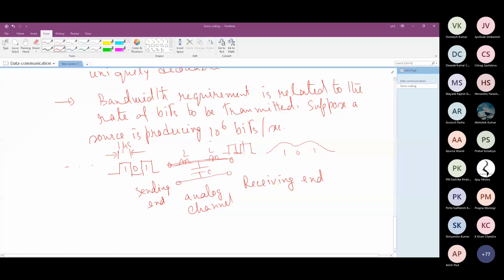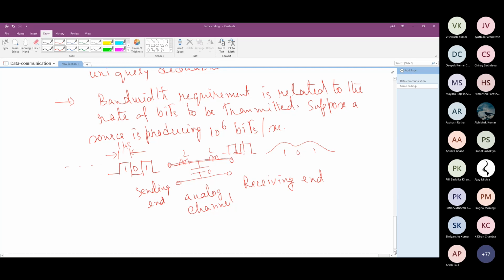That is generally given by the successful transmission of certain bits from one end to another at a given rate. For example, here the rate was 10 to the power 6 bits per second. So therefore, we can crudely relate the bit rate to the bandwidth.